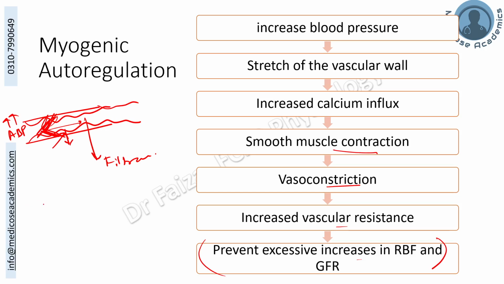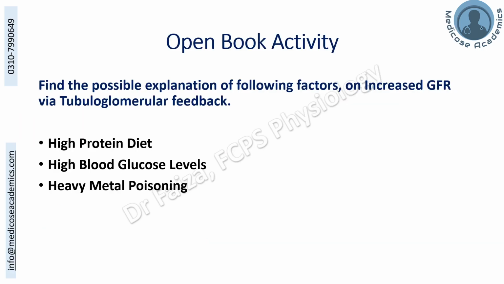And this goes vice versa as well. In case of very low blood pressure, what would happen? The smooth muscles will relax and the vessels will dilate to allow for an adequate amount of filtration and renal blood flow. This is how autoregulation helps in maintaining the renal blood flow and the GFR.